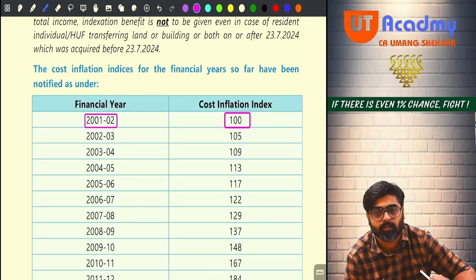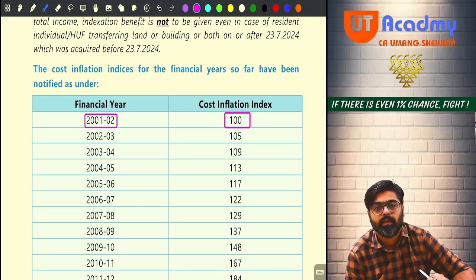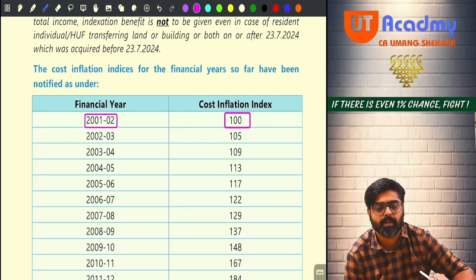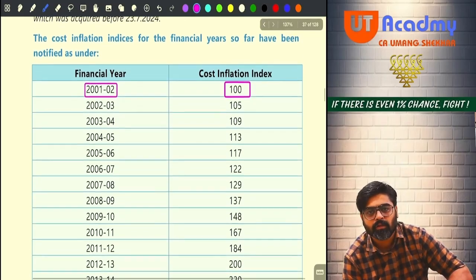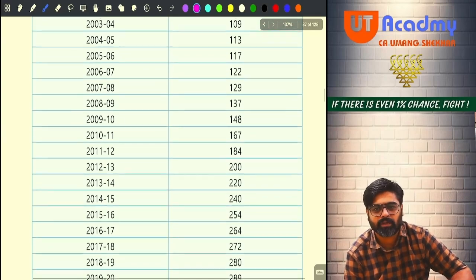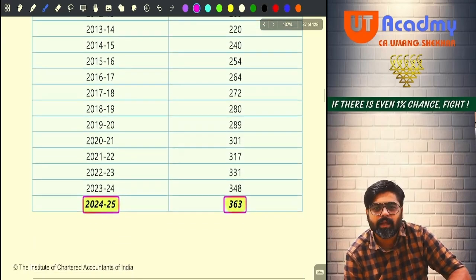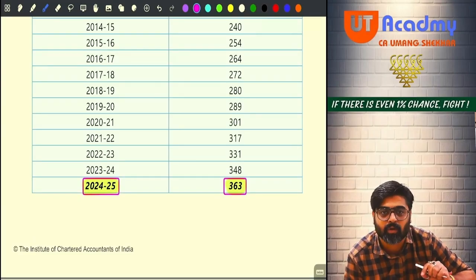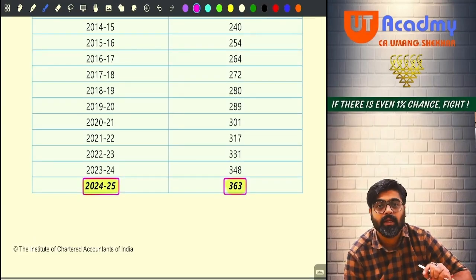It became 5 rupees costlier. In the year after that, it became 109. Then it became 113. Then 117. Then 122. Likewise, see, the cost is increasing. And right now in 24-25, the same thing costs how much?